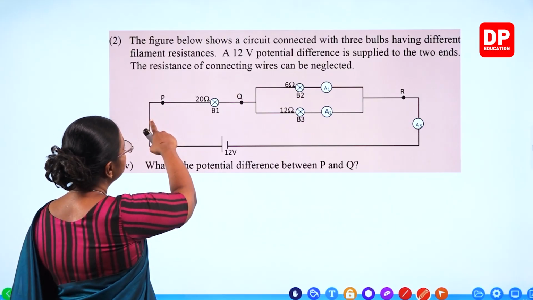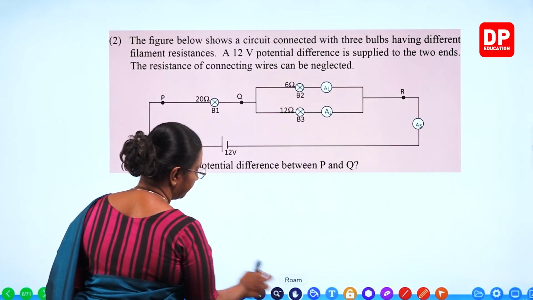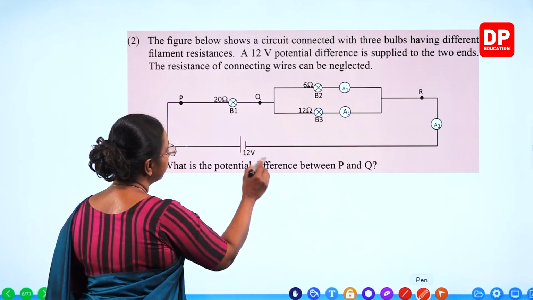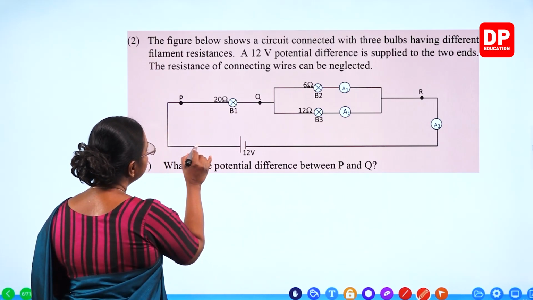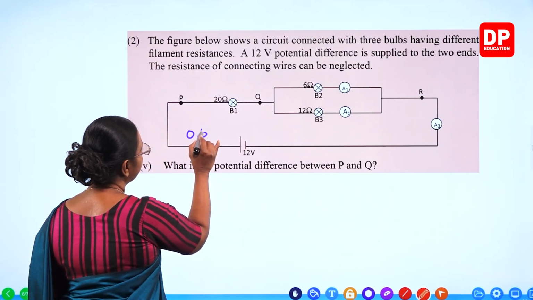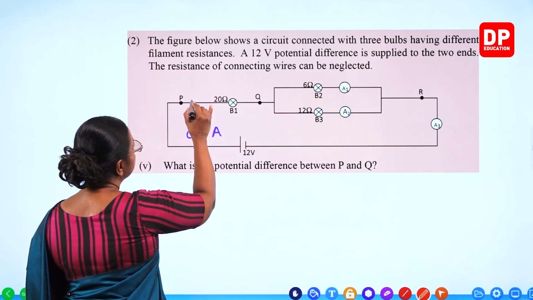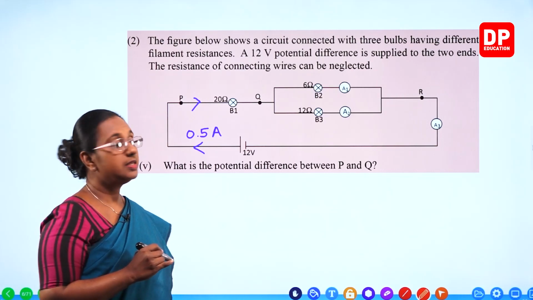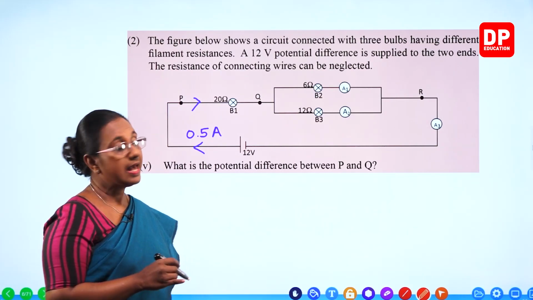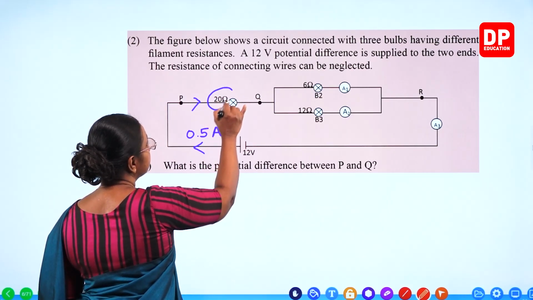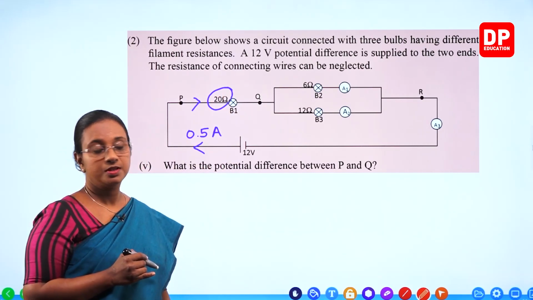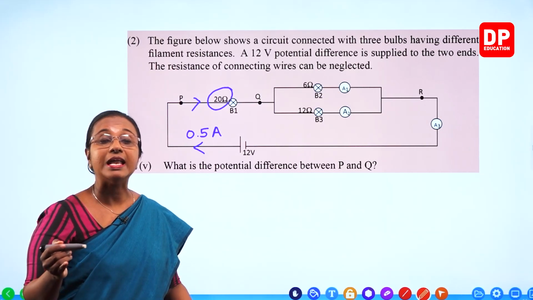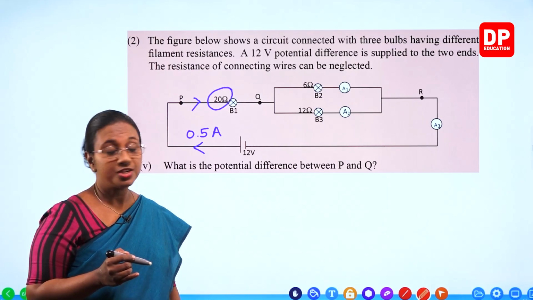Now the potential difference between P and Q. Here we already know the total potential difference 12 volts. You know the current 0.5 amperes. The same current will flow through this as well, 0.5 amperes. And we know the resistance 20 ohms. Then you can easily find the potential difference.